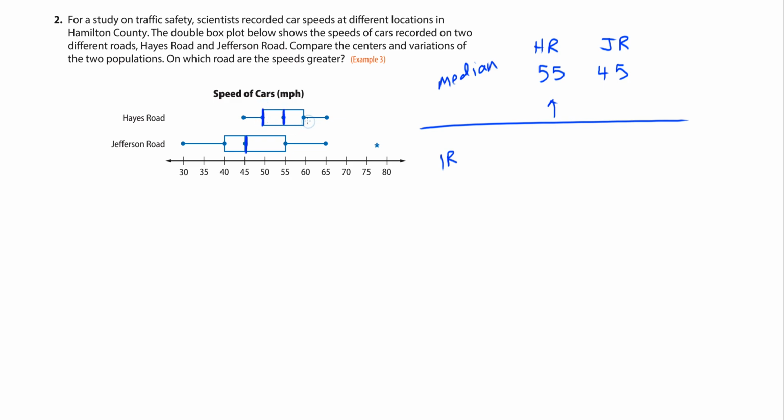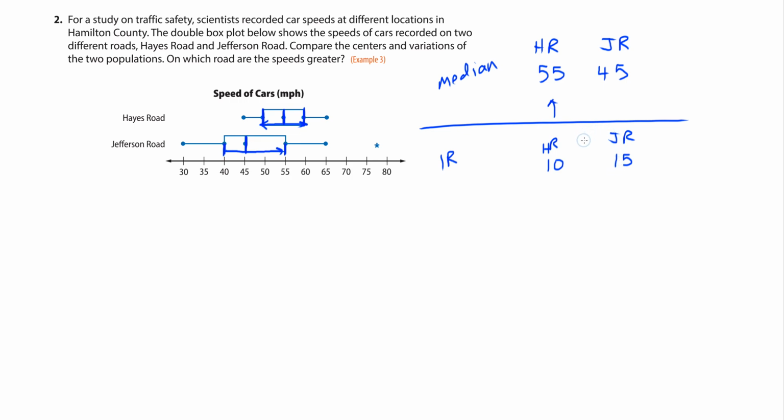So from here to here, 50 to 60, the interquartile range for Hayes Road is 10. For Jefferson Road, the interquartile range is from 40 to 55. So it is 15.